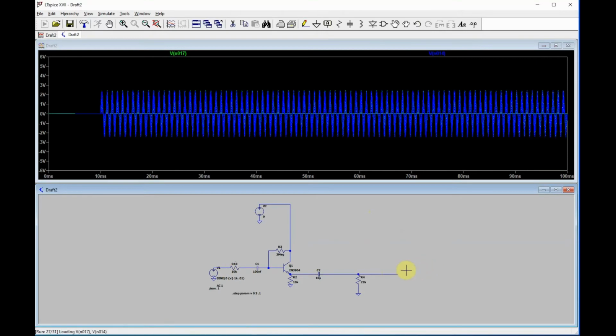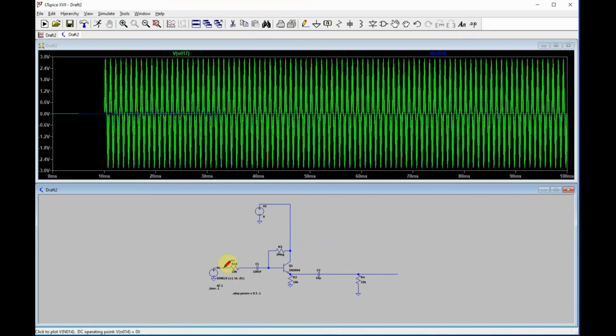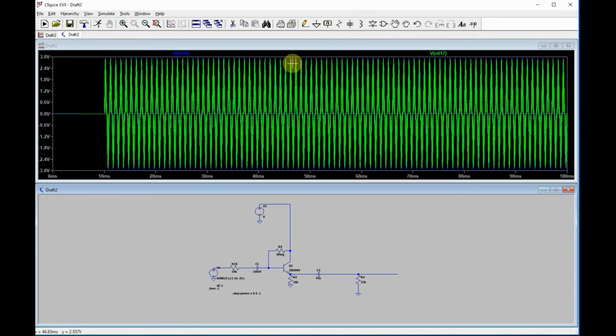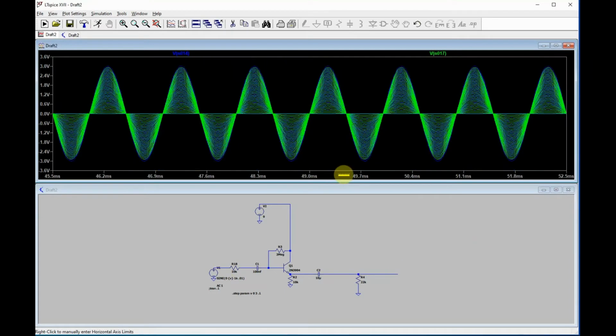So that gives you an idea of this concept of not having a big enough load. So there's 3 volts. Yeah, that's pretty good.